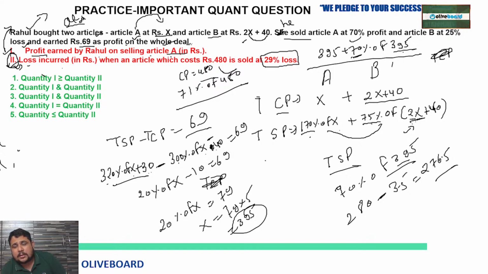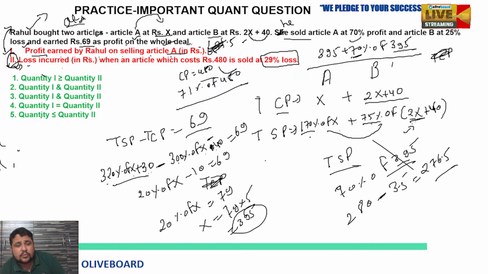You just need to add here, so you will get something around 671.5, the value of A. But you have to calculate profit earned by selling article E. So this is not the selling price which they are asking, only profit.